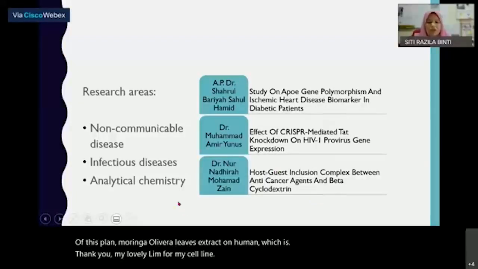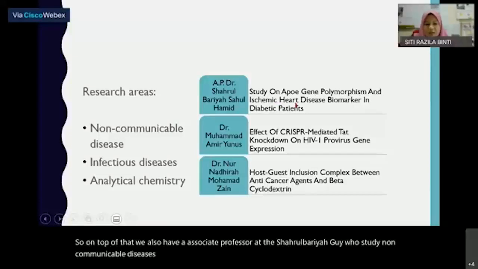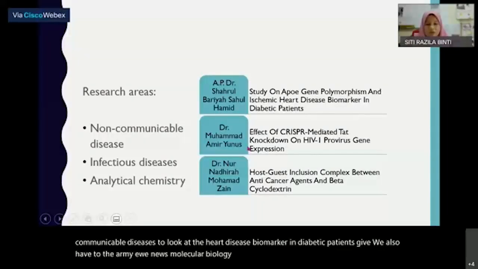On top of that, we also have Associate Professor Dr. Shahrul Baria, who studied non-communicable diseases, looking at a heart disease biomarker in diabetic patients. We also have Dr. Amir Yunus, a molecular biologist and also an expert in virology.